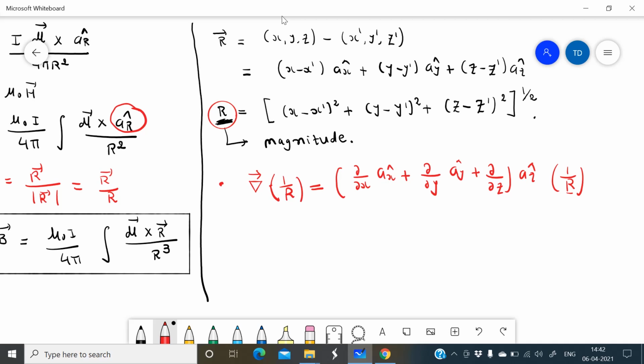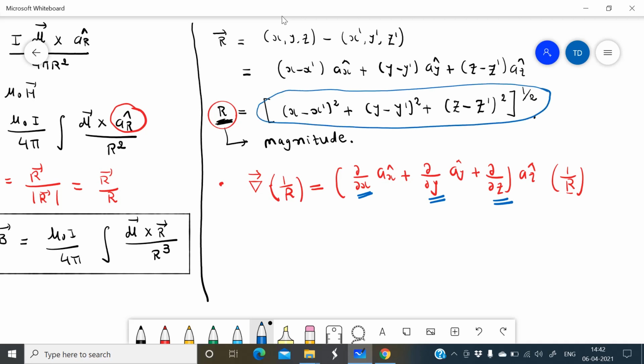So now we just want to take the partial derivative of r with respect to x, with respect to y, and with respect to z. It's just simple mathematics, so I will directly write the answer.